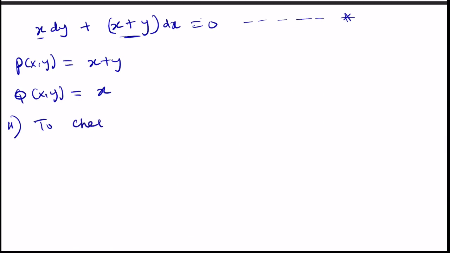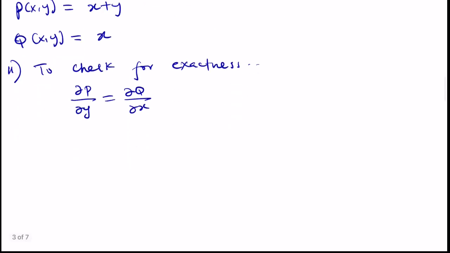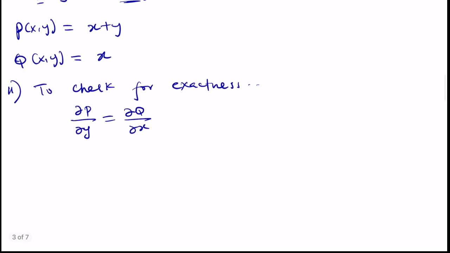To check for exactness, we have to prove that the partial of p with respect to y is equal to the partial of q with respect to x. P is x plus y. Therefore, the partial of p with respect to y is 1. Q is x.